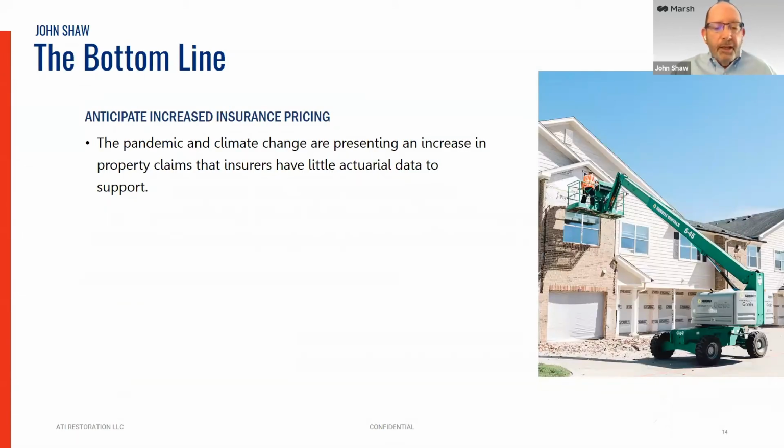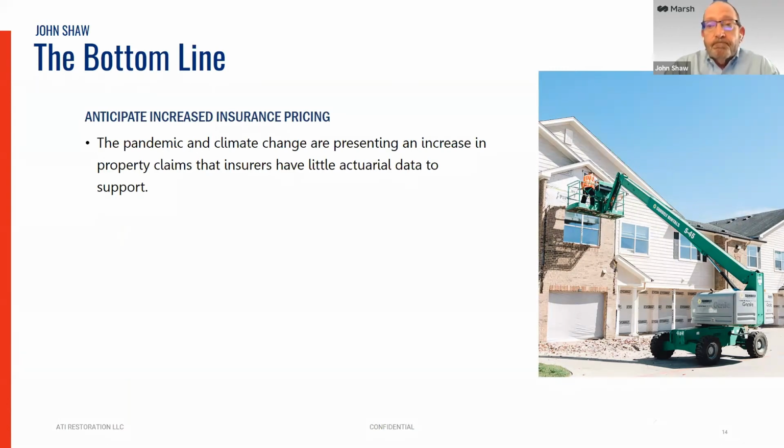Now, the bottom line of all of this is that you're going to have to anticipate increased property insurance costs. In the last few years, the pandemic and climate change and associated factors are presenting an increase in property claims that insurers have little actuarial data to support.